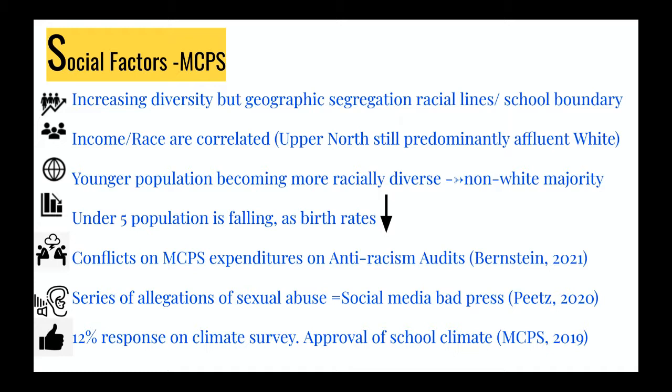There are a series of allegations, up to 350 allegations on social media, accusing staff and students across the county. Only 12% of parents completed the climate survey in the year 2019, but most parents have a positive approval of the school climates across the county.